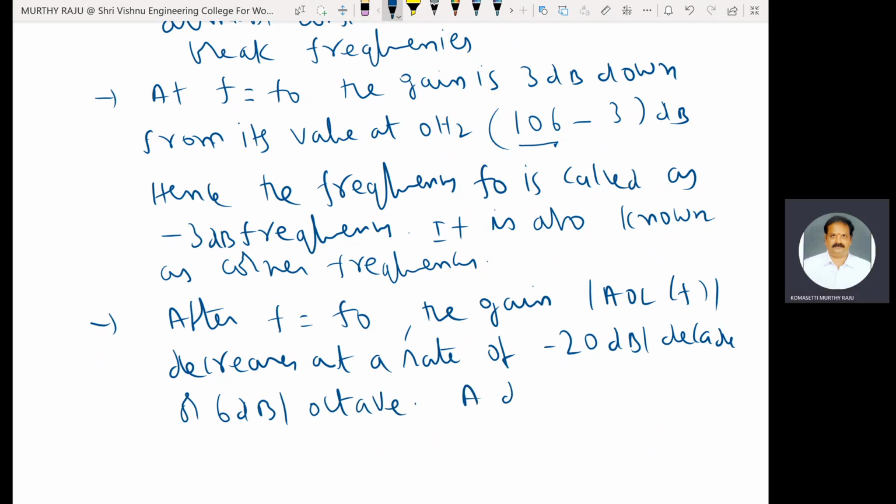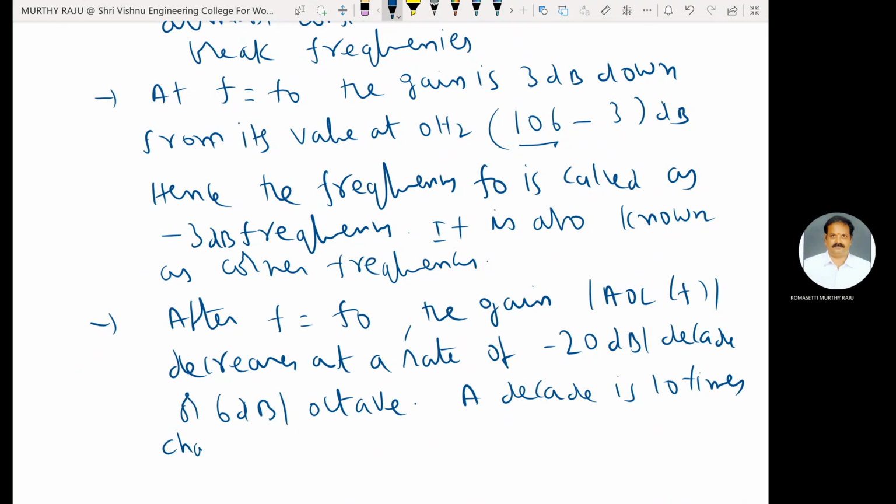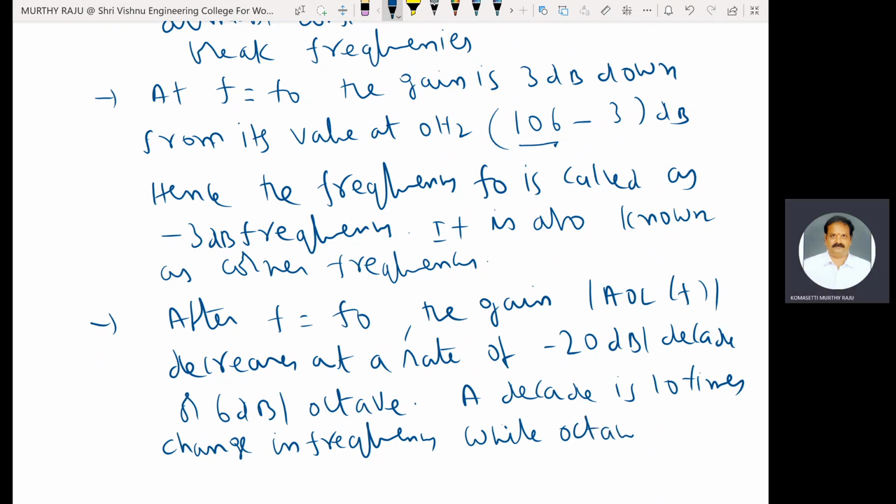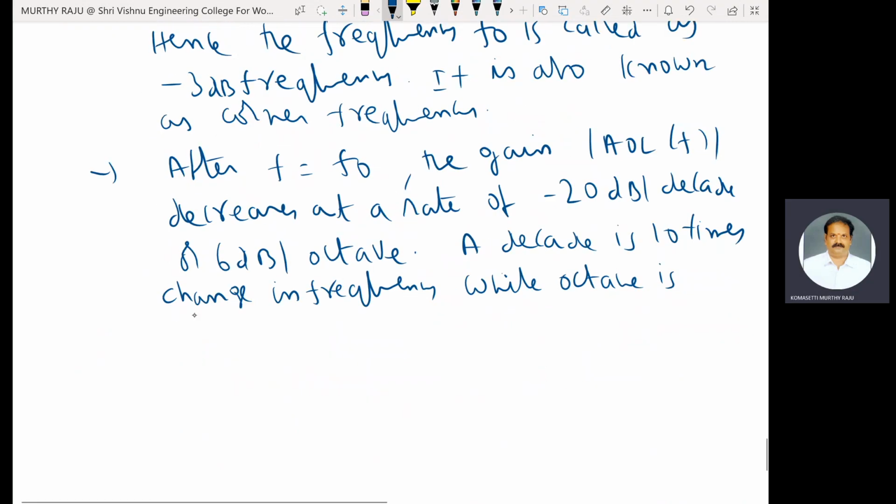A decade is a 10 times change in frequency, while an octave is a 2 times change in frequency.